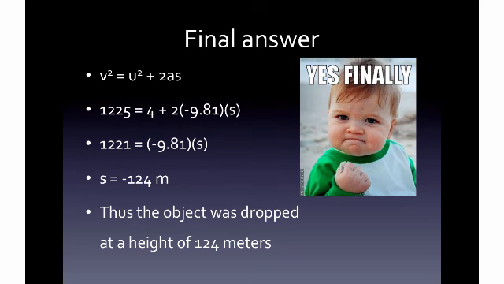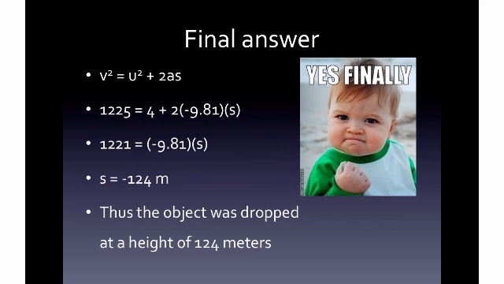On the left hand side we have velocity squared. On the right hand side we have u squared plus 2as. We were given v and u, however we were asked to find s. In this case, acceleration is not given. However, it is an implied variable as the object is under free fall, and under free fall the only force acting upon it is gravity, and the acceleration of gravity is negative 9.81, as you can see here.